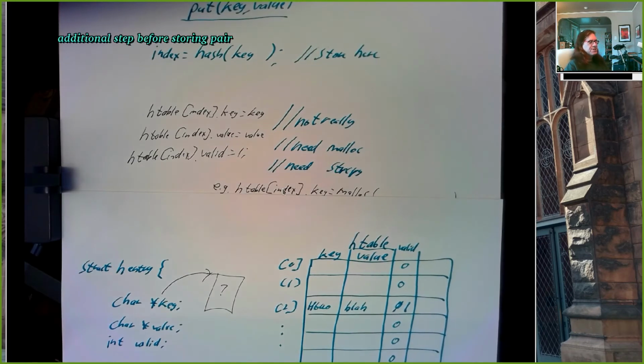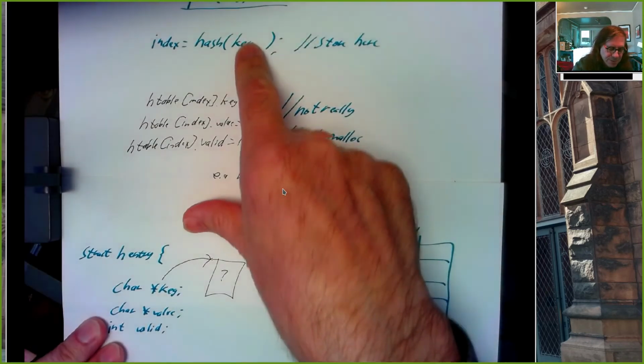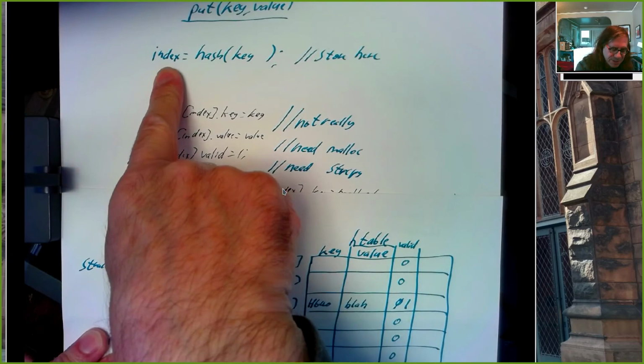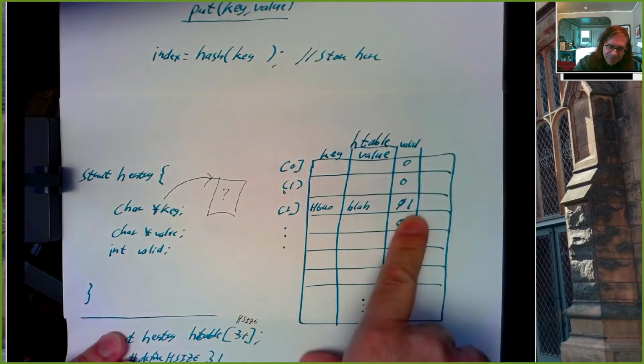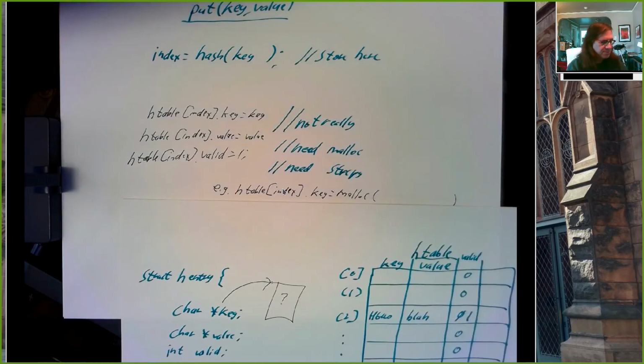We need to check to see if something's already there. Perfect. Excellent. So we take our key, we hash it to an index location, but we've got to check and see if there's already something in that location. We've got to check for a collision.